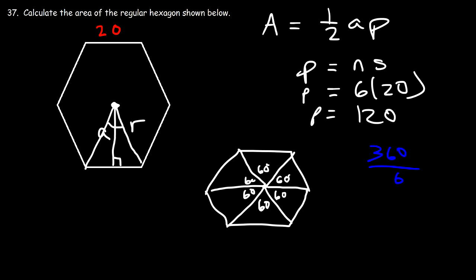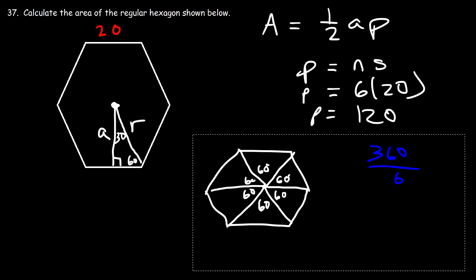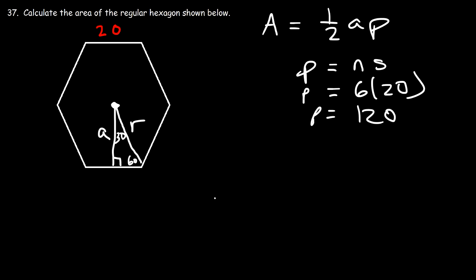So therefore, this angle is 60, which means the angle inside this triangle is half of 60, which is 30, which means that is 60. So let's focus on this right triangle, this 30, 60, 90 triangle.